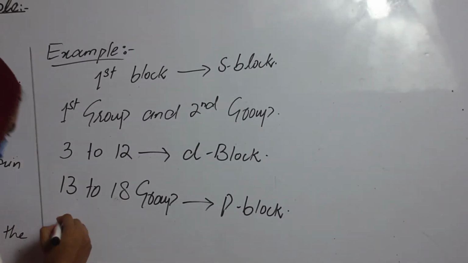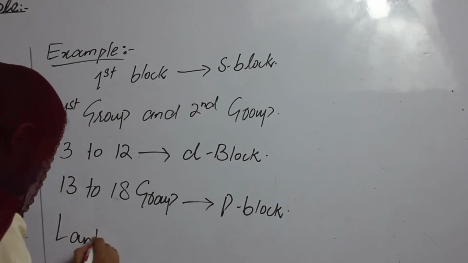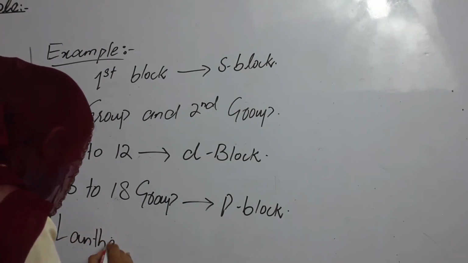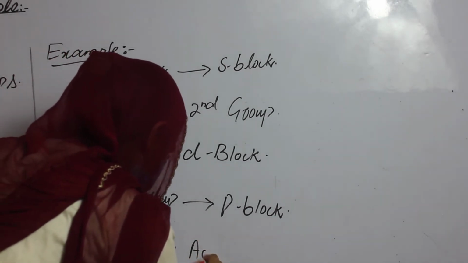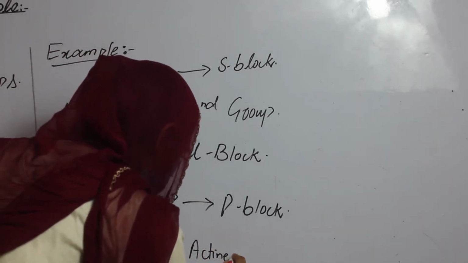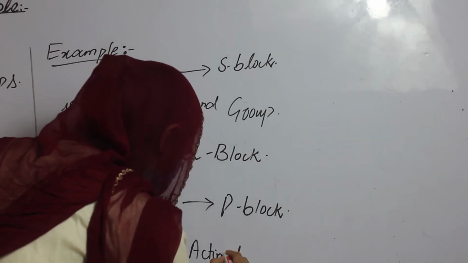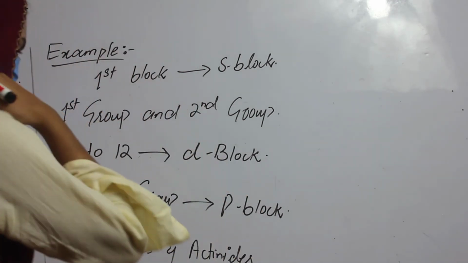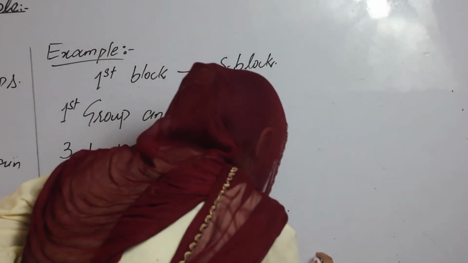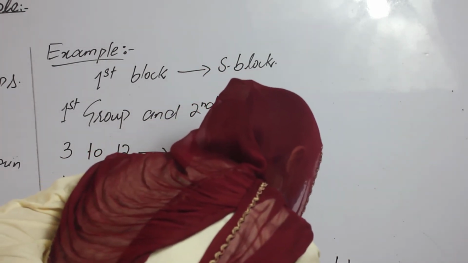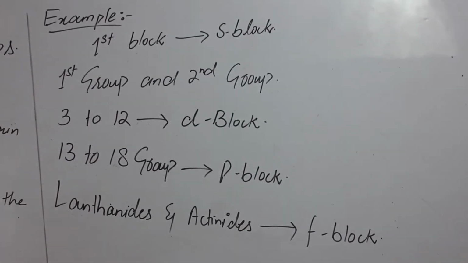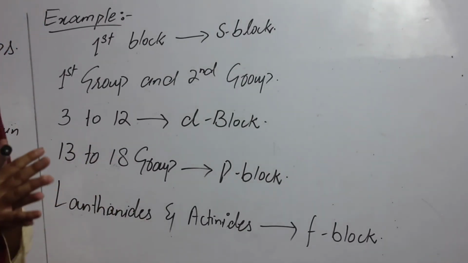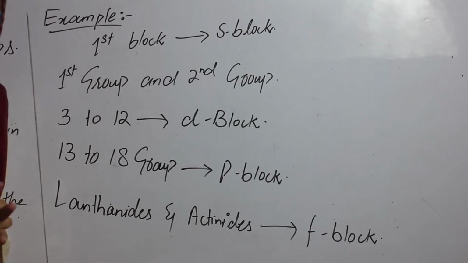And the lanthanides and actinides, which are present at the bottom of the periodic table, are called the F block because their valence shell is the F subshell. That's why they are called the F block.